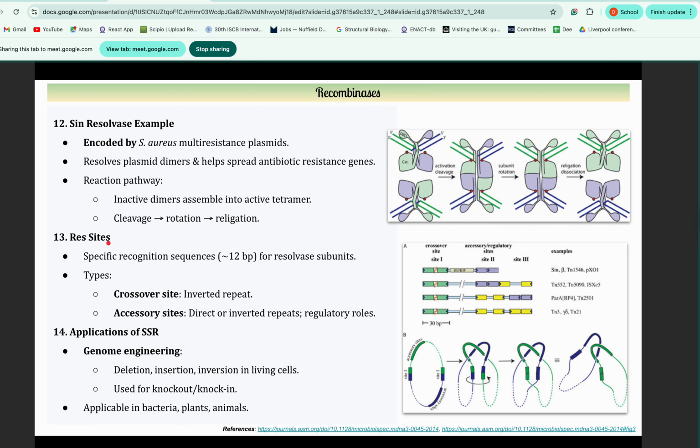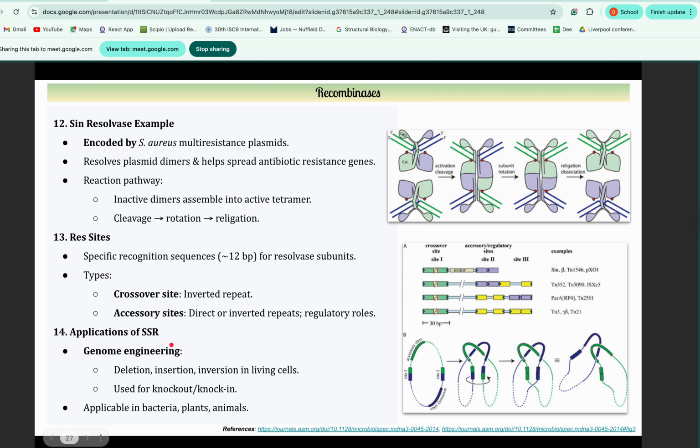And then there are some res sites, which are the recognition sequences responsible for recognition, because every protein binds to the DNA at specific points or recognition sites. So there are specific recognition sites for the resolvase subunits, and these sites could either be crossover sites, which have inverted repeats, or accessory sites, which are either direct or inverted repeats. They have regulatory roles.